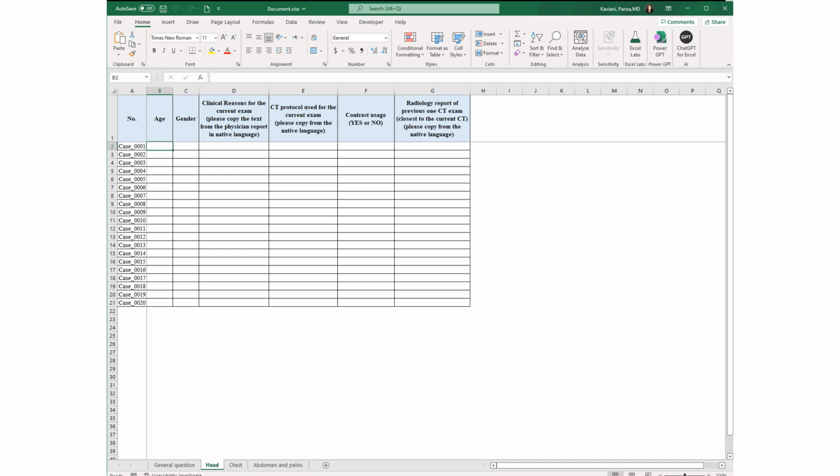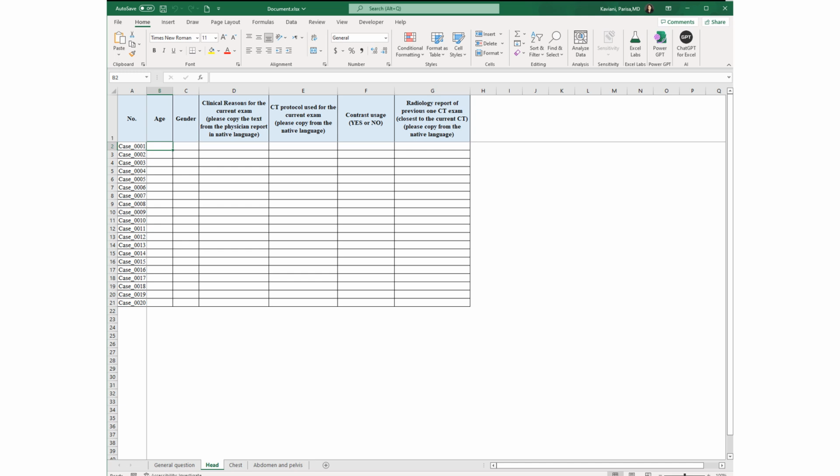If the current clinical indication and the previous radiology report both relate to the same body part, for example, both to head or chest or abdomen, pelvis, you can include this case.